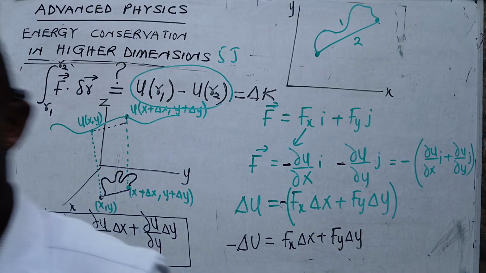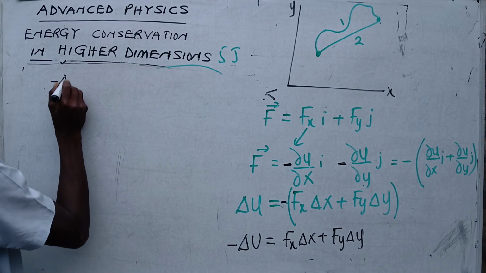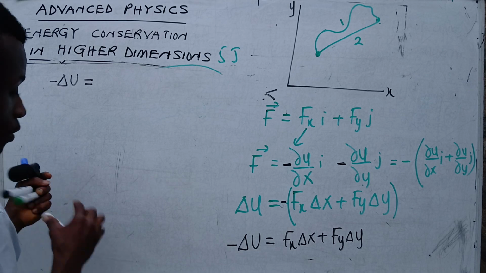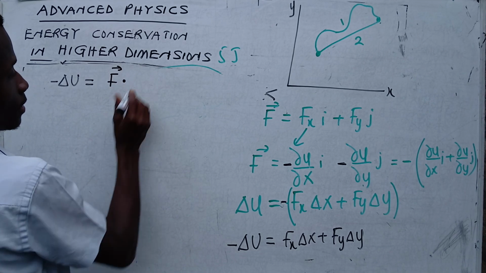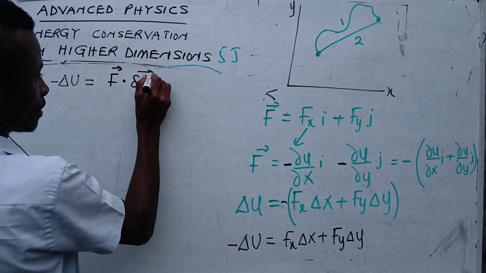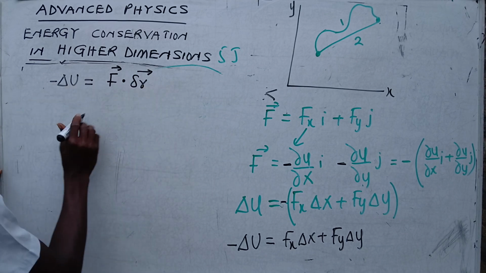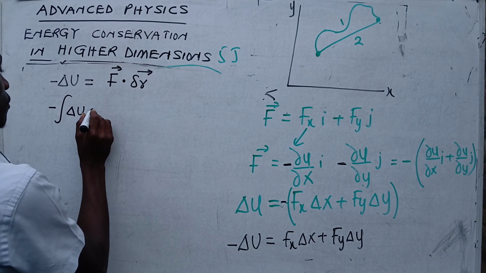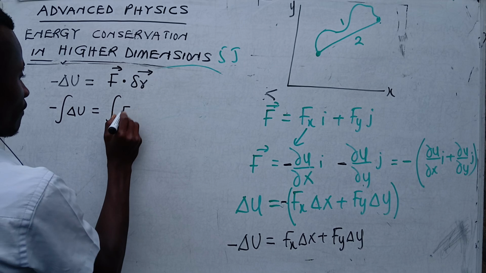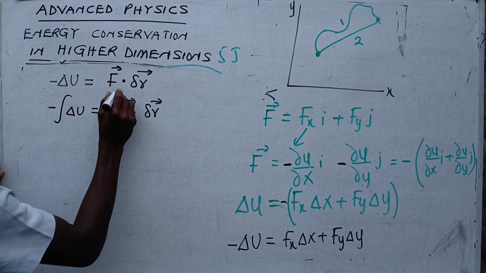So negative delta U is equal to the dot product of a force vector and a position vector. And if we take the integral of both sides, we have the negative integral of delta U is equal to the integral of F dot dr. So that is from r1 to r2.